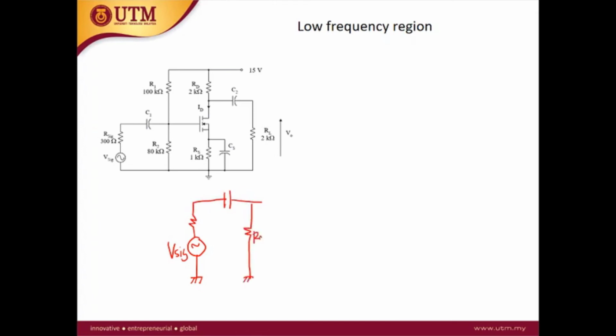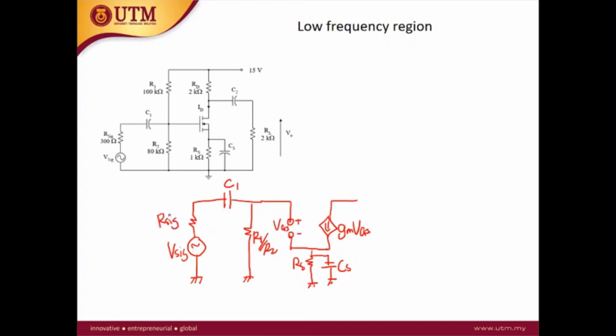This is your R1 parallel with R2, RS, CS, this is your gm VGS. This is your C1, R signal. This is RD, RL, this is C2. This is the equivalent circuit at the low frequency region.